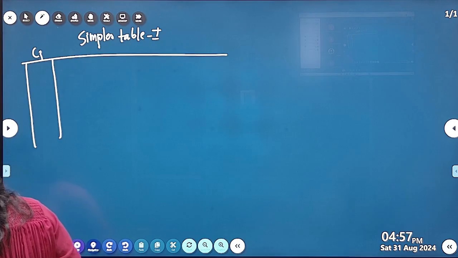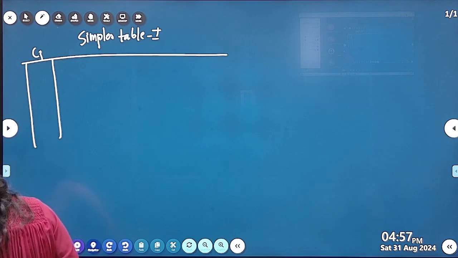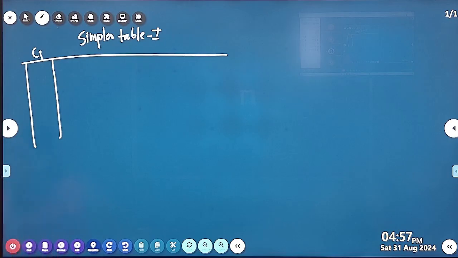Actually, the question also mentions that skilled labor is limited to 780 hours in case of beta and it cannot be more than 320 of alpha. That means there is one more constraint there: x1 cannot be more than 320.